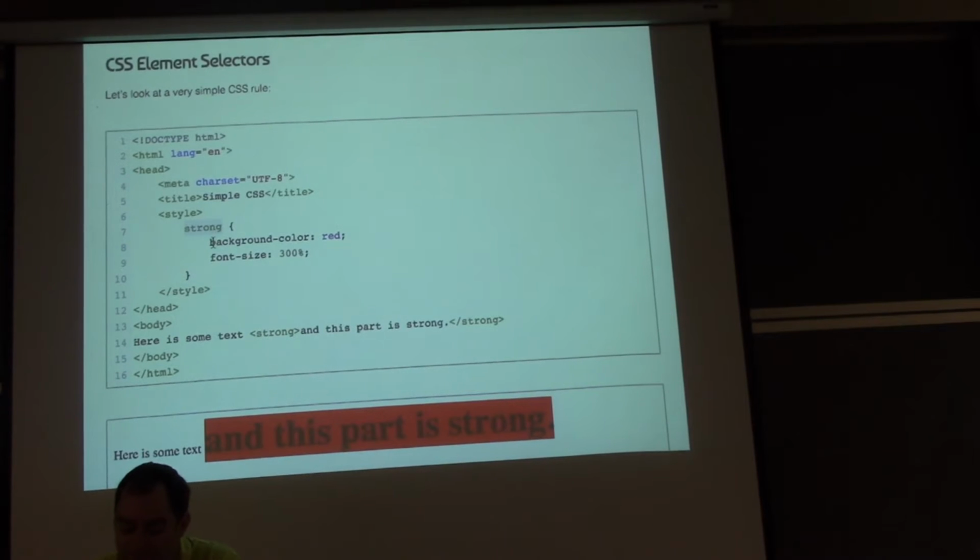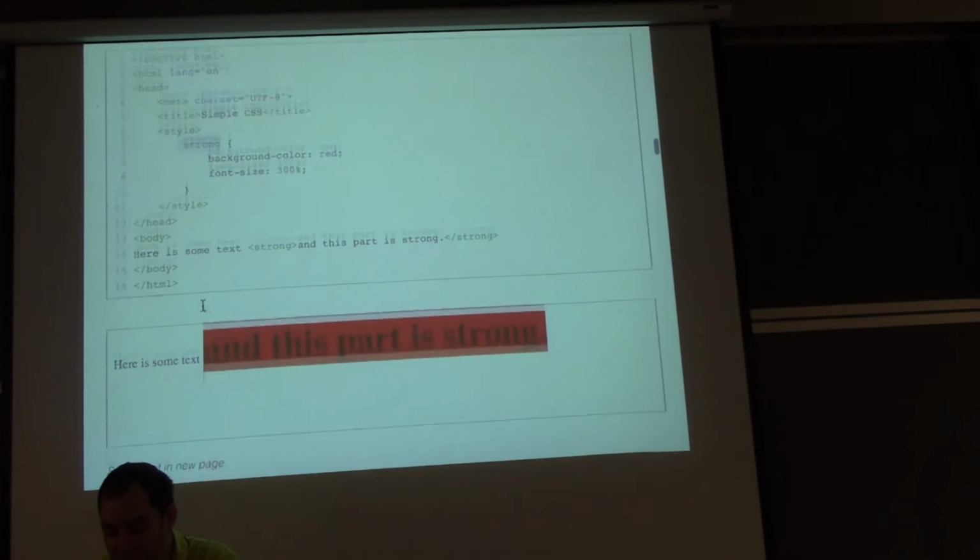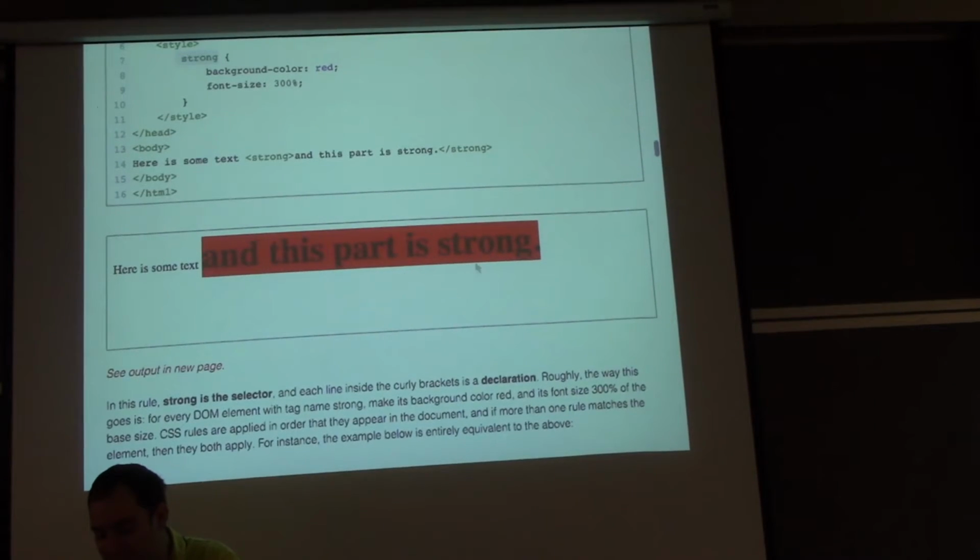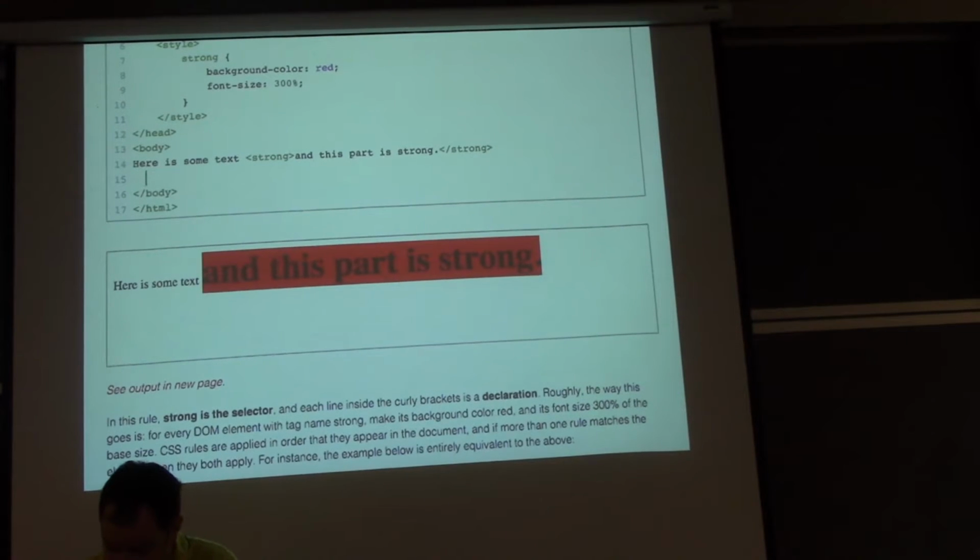So here we have set all the strong elements to have a background color of red and a font size of 300%. And then we can see this part here is strong, and the selection matches, because it's the same element. So if we add a second strong element here, then we see that it's immediately also in red.